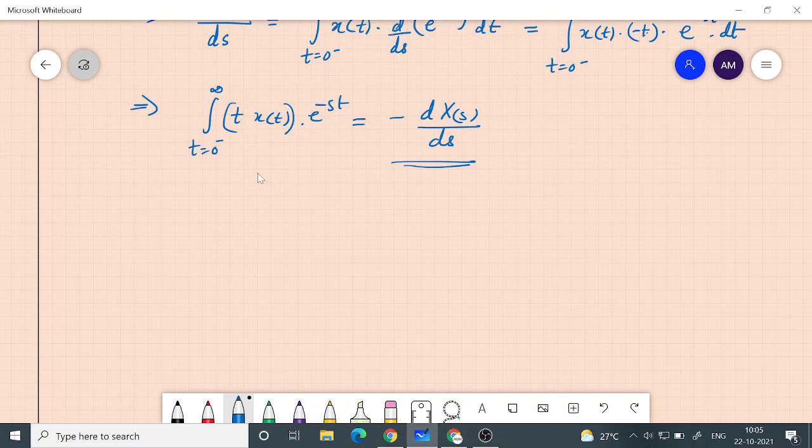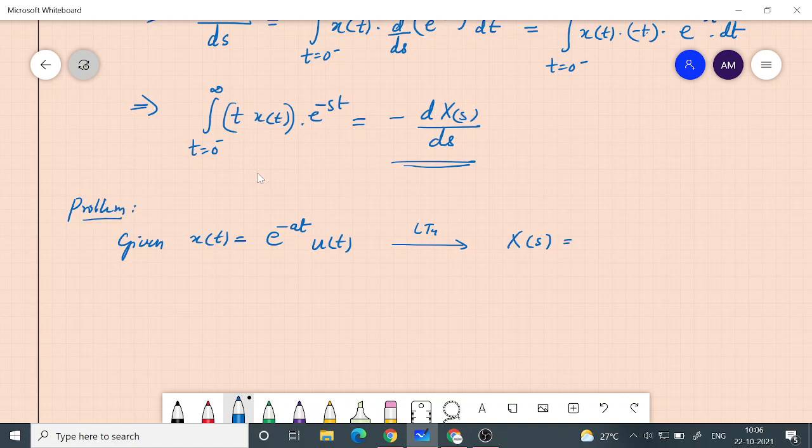For example, given that x of t is equal to, say, e raised to minus at u of t, and taking the Laplace transform, we know the value of X(s). This is a problem which uses the above property.